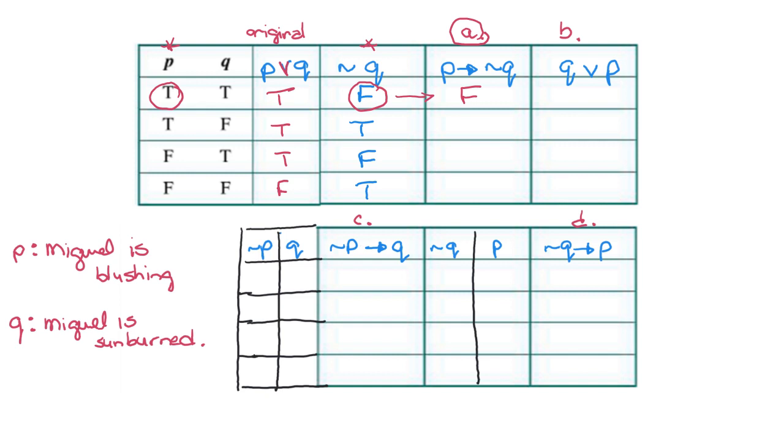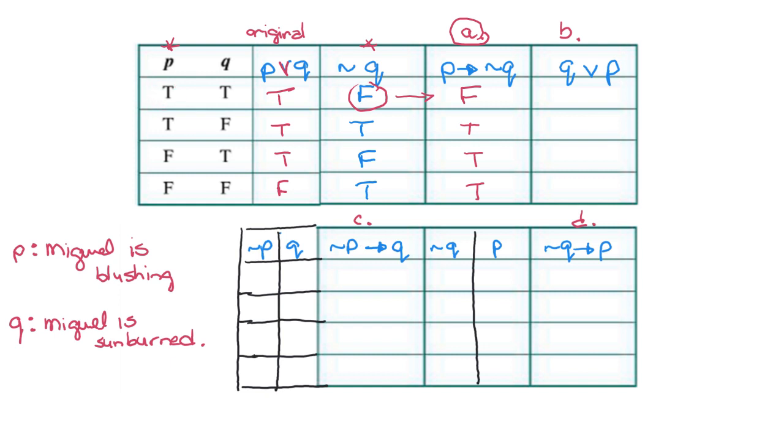Any other option will give me true. We can almost stop right there because that is the one that does not match. But let's go ahead and finish these out so that you can get good practice.